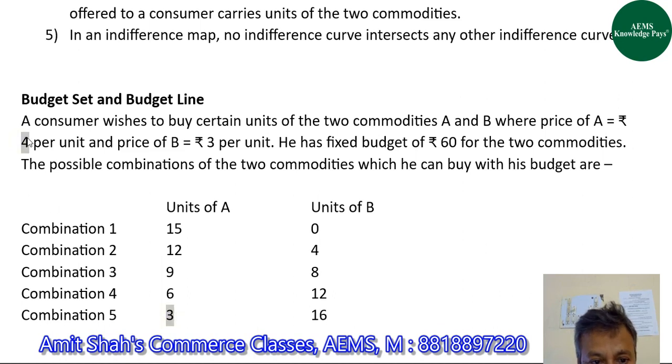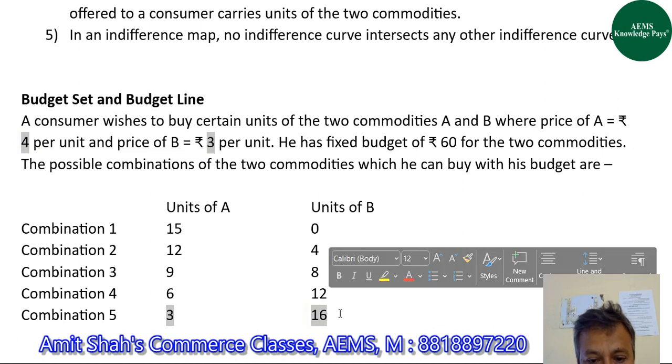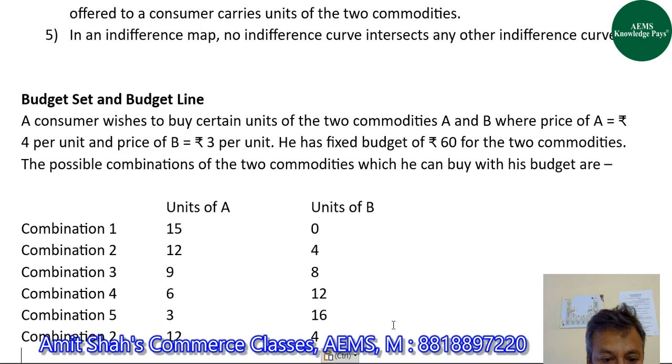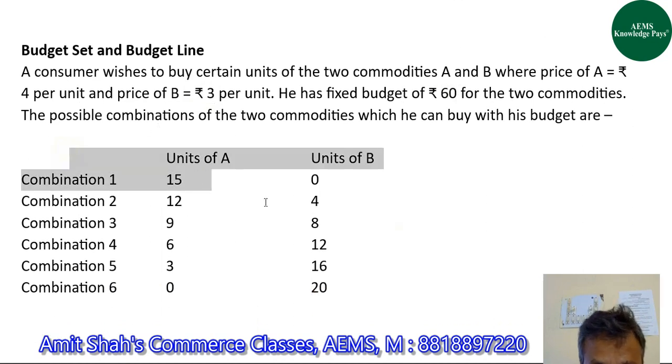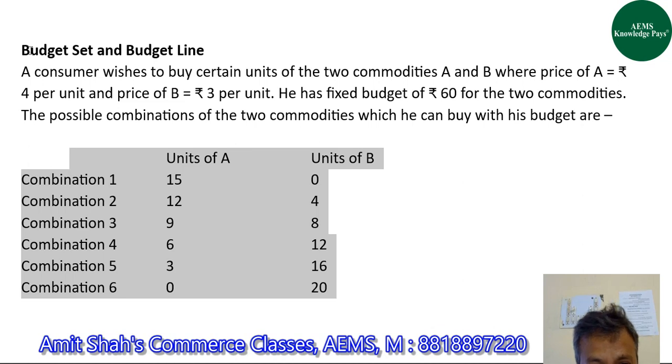So 3 into 4 is 12 and 16 into 3 is 48. 12 plus 48 is 60. And this is the last combination, that is 0 units of A and 20 units of commodity B, where commodity B will take the entire budget of rupees 60. So the combinations that I have made here are actually a budget set.